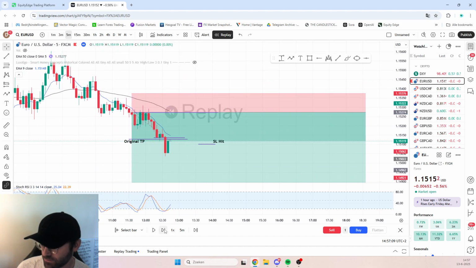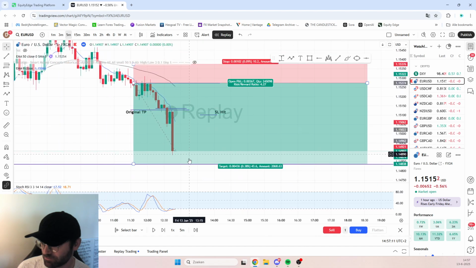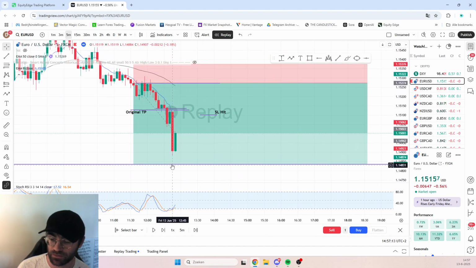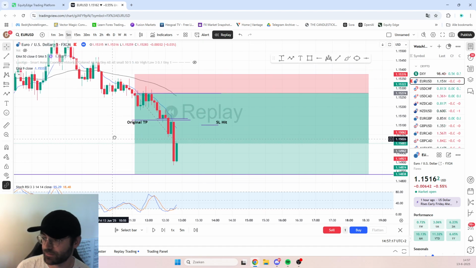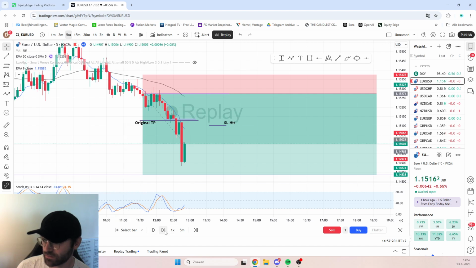And then it just had a massive push, almost hitting my TP, which was for 1300 at this point. But sadly it didn't. But this was the market structure I wanted to talk about as well.